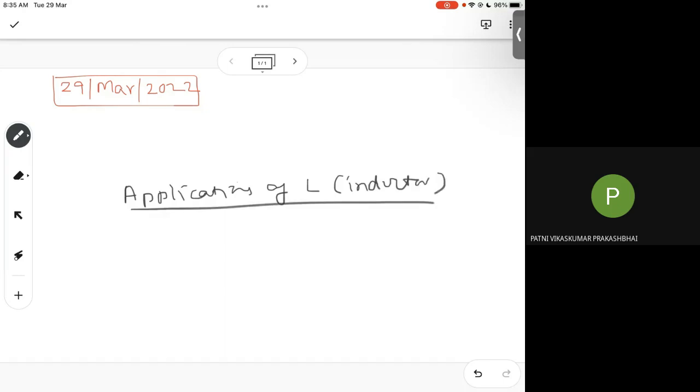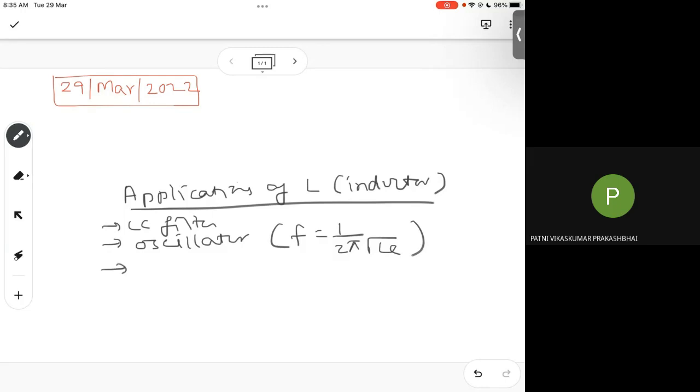One could be an LC filter. We also use it in oscillators, where the resonant frequency is given as F equal to 1 by 2 pi under root of LC. We have seen that resonance takes place when an LC circuit is there in the RLC equivalent circuit. It is also used for delay, because delay introduces a phase change, and here we have to also take the phase into account.